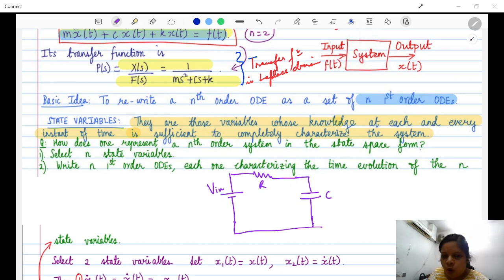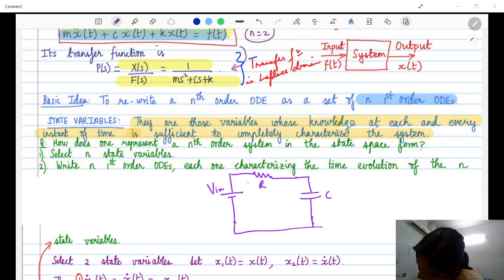What system variables would help you completely characterize the system? If I want to know some quantities accessible to you at any point of time, would you be able to say what is happening in the system? Nothing would remain unknown. Current through the circuit and voltage across the capacitor, madam. Right.